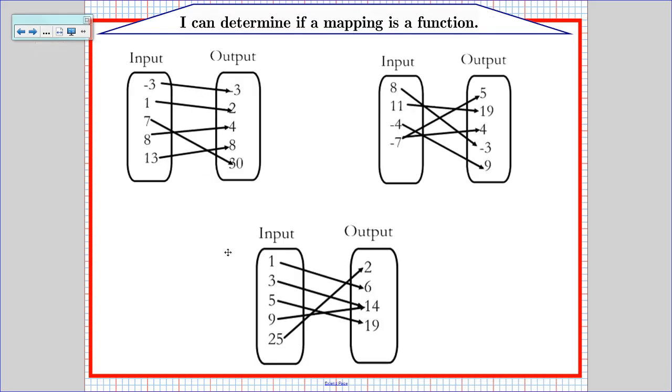So, the first skill we want to have is to determine if a mapping is a function. One of these three mappings is not a function. Can you determine which it is?